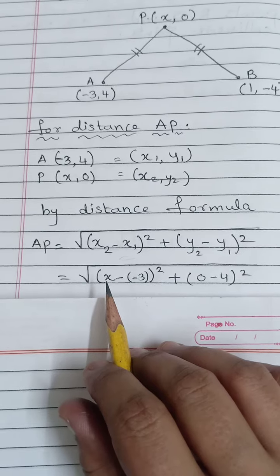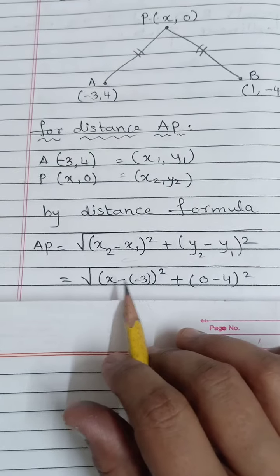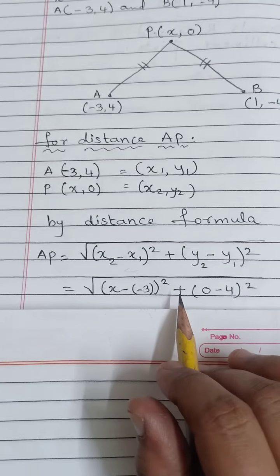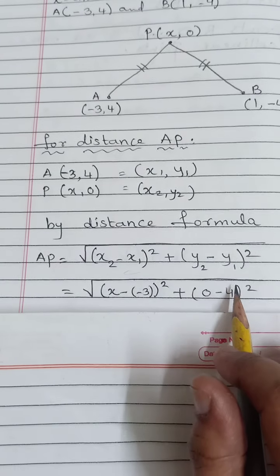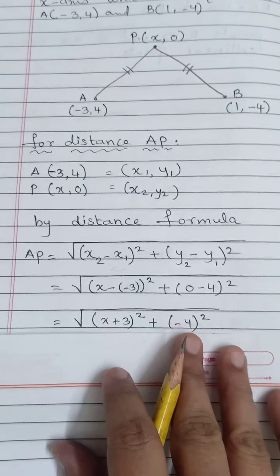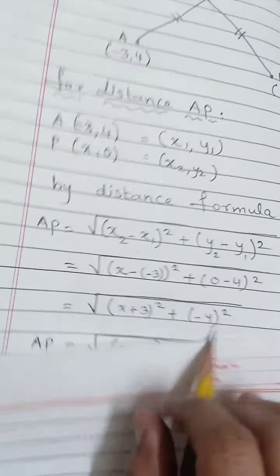Now how to simplify this bracket? The root sign will be as it is, x, this minus minus will become plus. So x plus 3, then 0 minus 4 will be minus 4, and then we will take the square of both the brackets. So see the next step: x plus 3 the whole square and minus 4 the whole square.